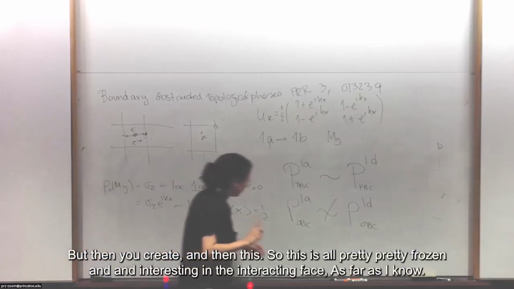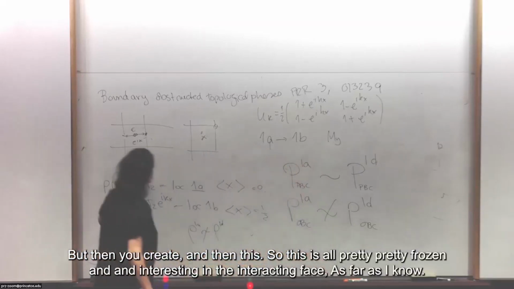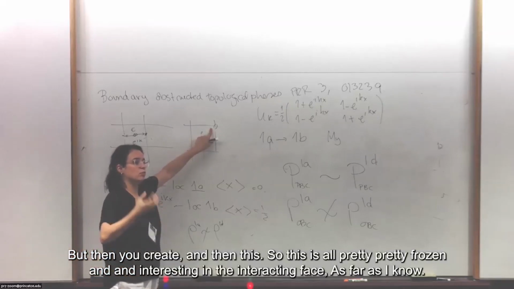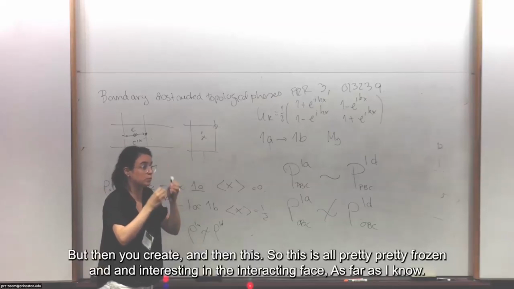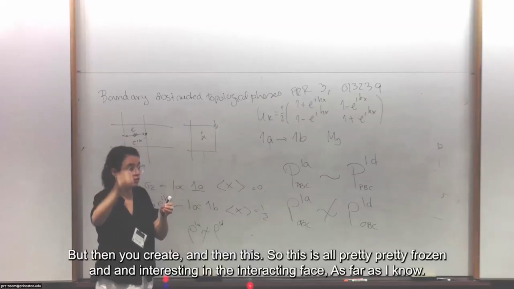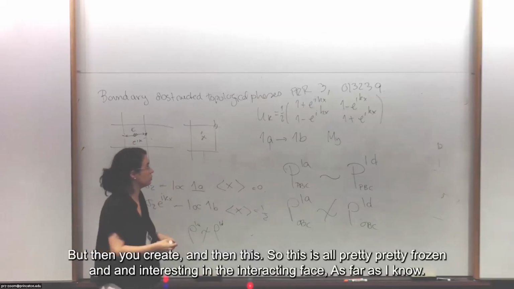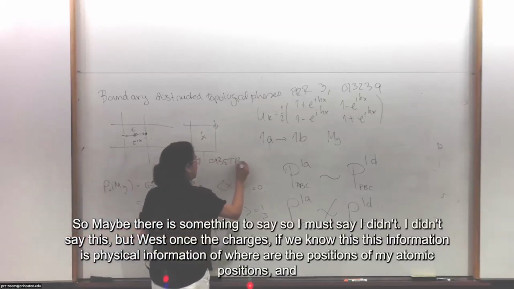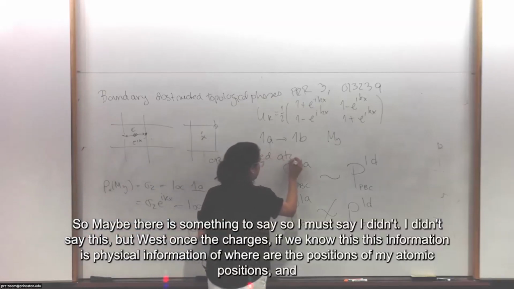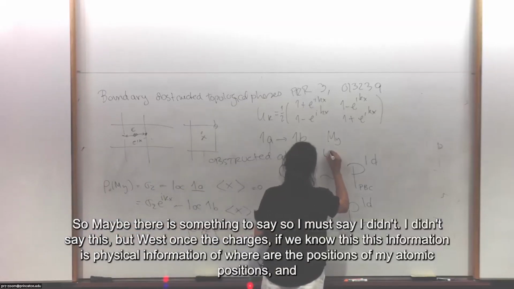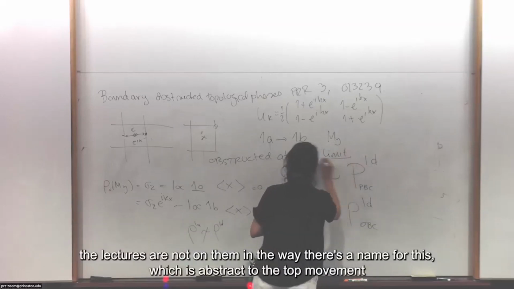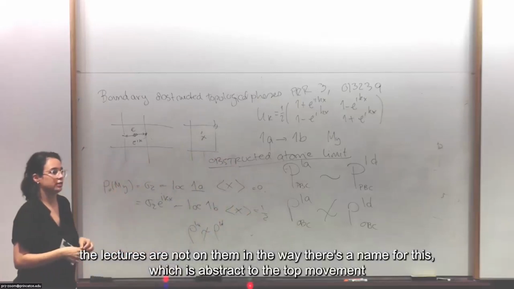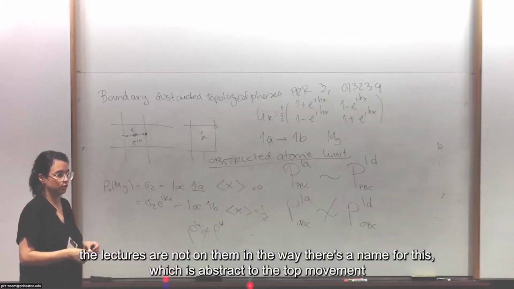I must say I didn't say this, but if we know this physical information of where my atomic positions are, and the electrons are not on them, there's a name for this, which is obstructed atomic limit, a concept that was introduced in topological quantum chemistry. This means that you can construct perfectly localized states, but those localized states are not going to be on your original site.